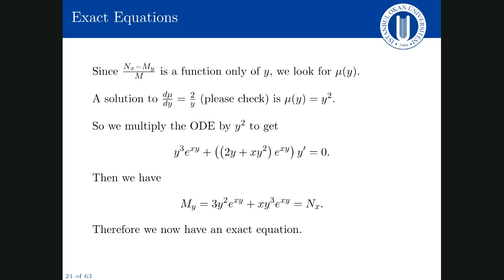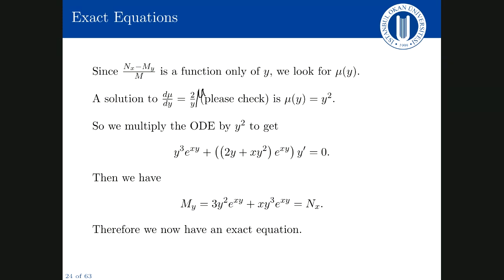Since the second one is a function only of y, we're going to look for an integrating factor mu which is a function of y. There's a mistake here. There should be an extra mu just here.